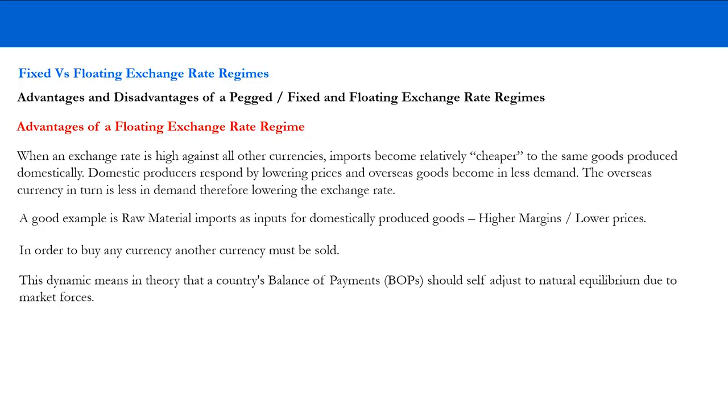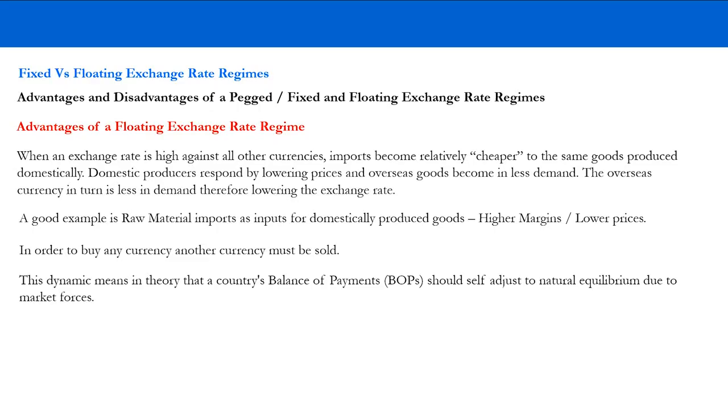The inputs that they require as raw materials to their produced good domestically become cheaper, and they get from their product higher margins and lower prices. So they get lower input prices, therefore they get a higher margin on their product if they sell it for the same price domestically. And we need to start thinking about the basics of currencies here to underpin this foundation.